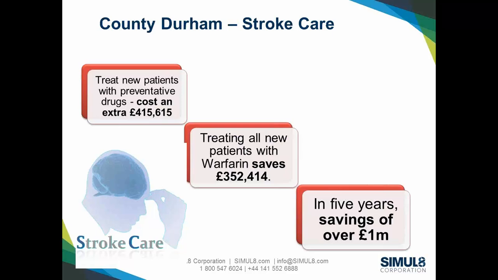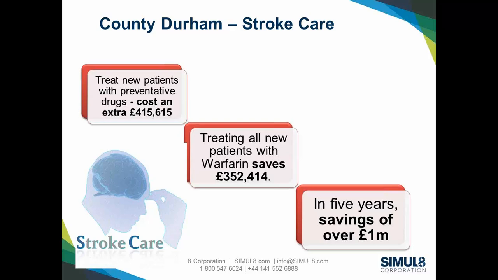County Durham, a similar kind of area, but looking at stroke care. In this case, their simulation question was what happens if we treat all patients at risk with preventative drugs. And so they modelled that through, and of course, as you can see from the results, actually it does cost more initially, but in fact by the time you've run that through in 5 years' time and you've looked at the overall impact and the outcomes for that population, you do have savings of over $1 million.